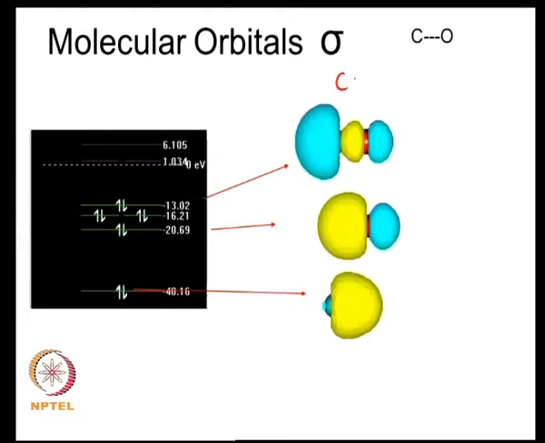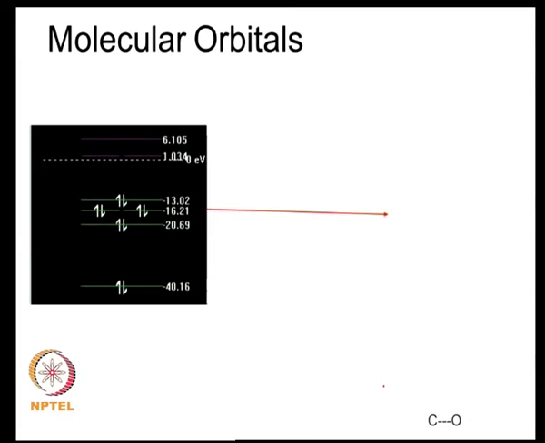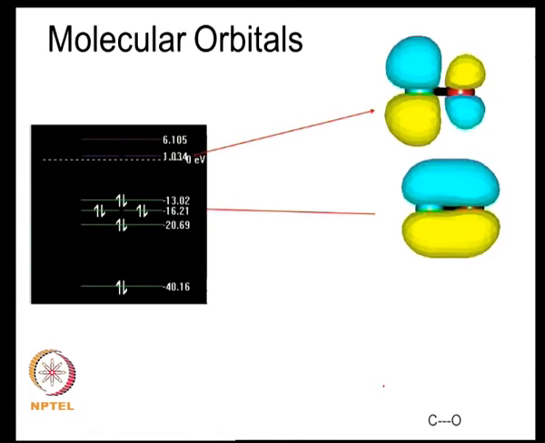So, this is the carbon end and this is the oxygen end, and these are only the sigma orbitals, and you can notice that the sigma orbital has a very large contribution on the carbon end, and these are the pi orbitals now. You have a pi and a pi star, and this pi star also has a large contribution on the carbon end. So, this is the introduction to the molecular orbitals of carbon monoxide, and now we can see how these valence orbitals can interact with the metal in the next lecture.